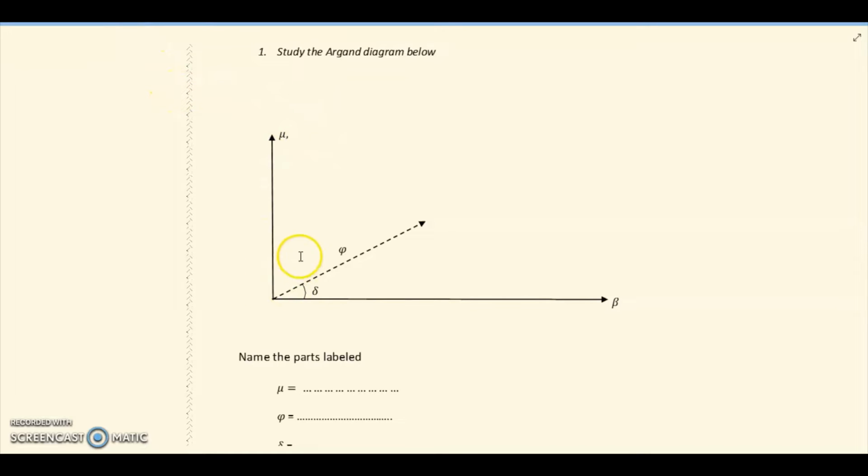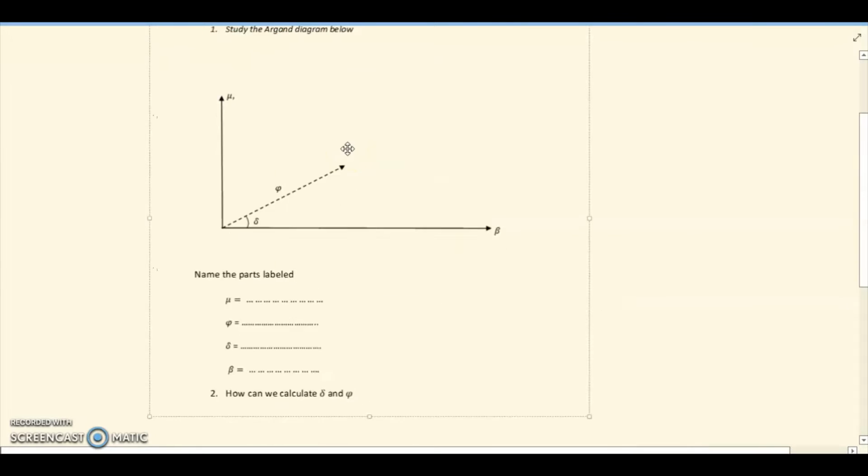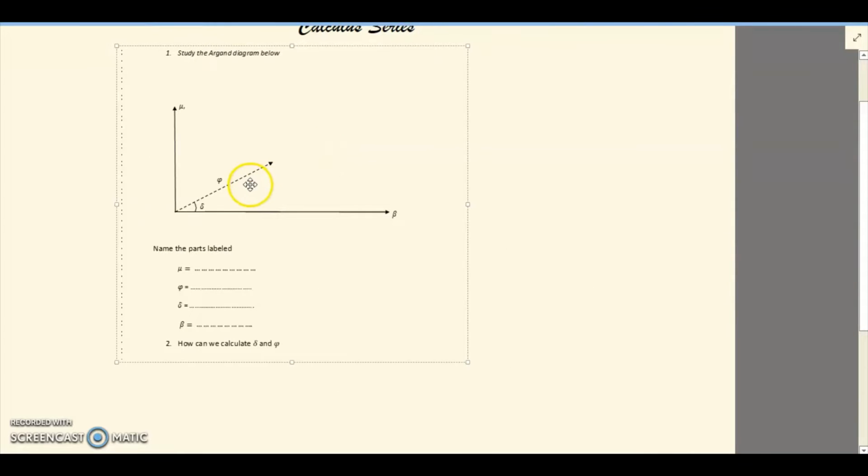All right, so we need to know the axes and all those points. So I gave a preliminary test. So this is the question that was in the test. You're asked to label some diagrams, and here we have mu here, which is the y-axis.